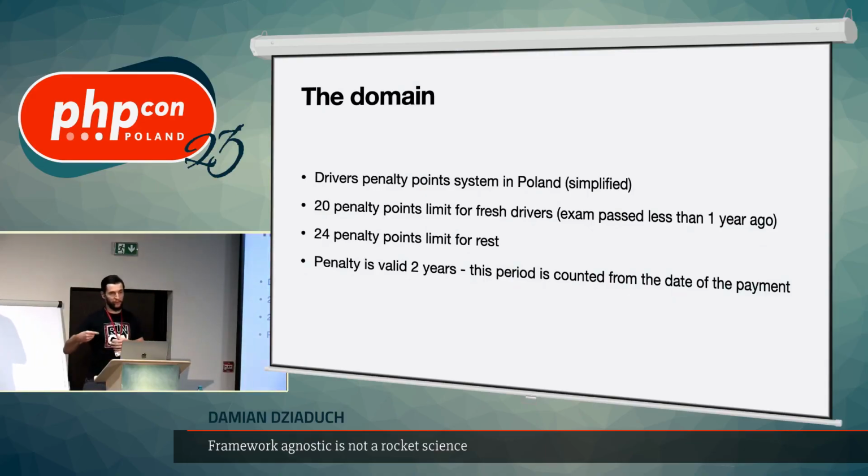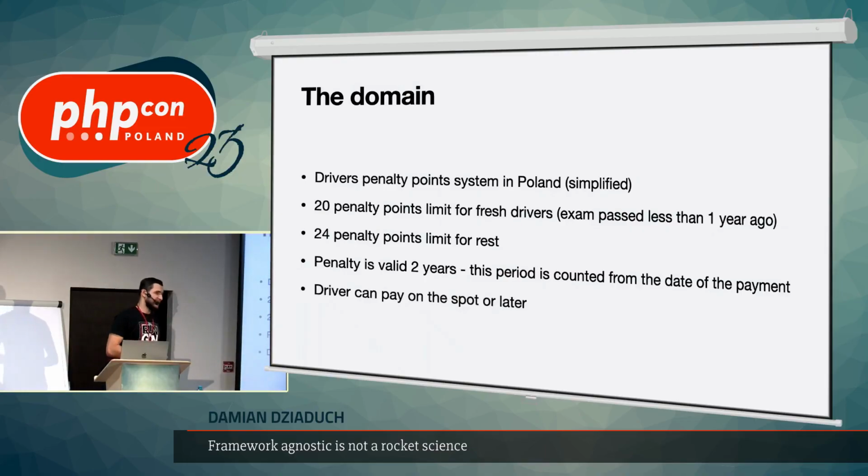So the driver had two options to pay for the penalty: either he can pay on the spot, give it to the police officer, here is my card or cash, take it. Or he can decide, okay, just give me the bank account number and I will pay later.